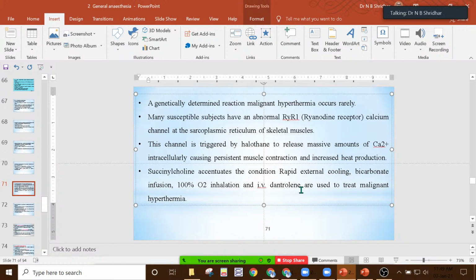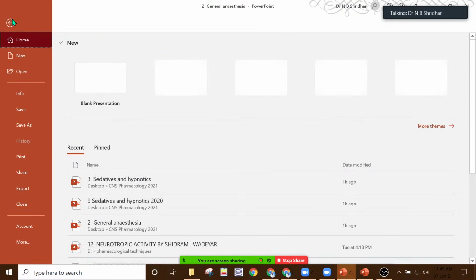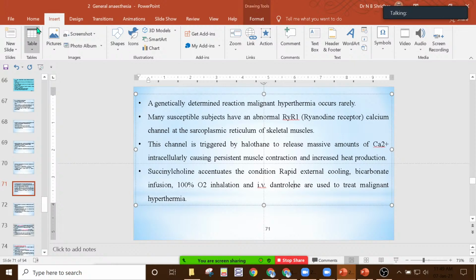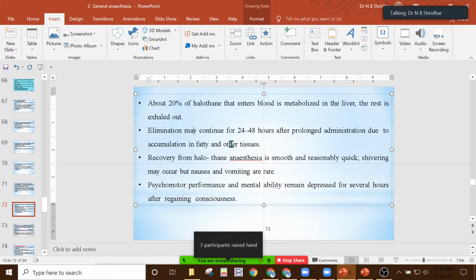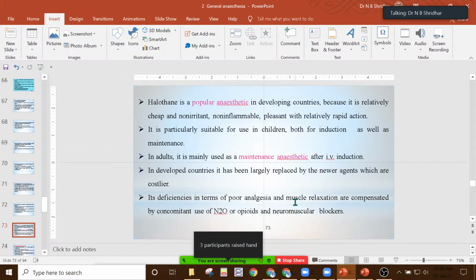It is going to cause malignant hyperthermia, an increase in body temperature to the extent of 2 or 3 degrees Fahrenheit, and the elimination may continue.